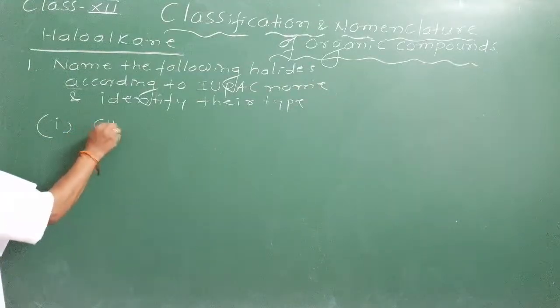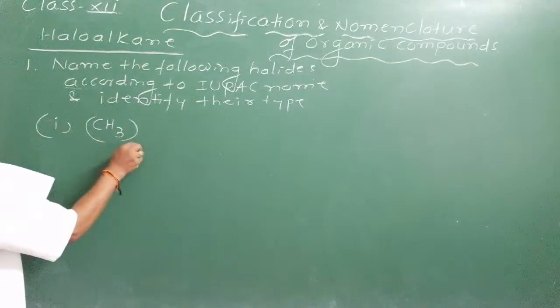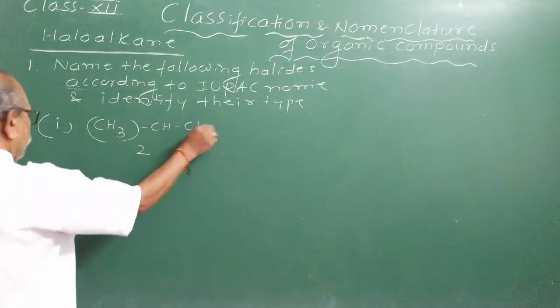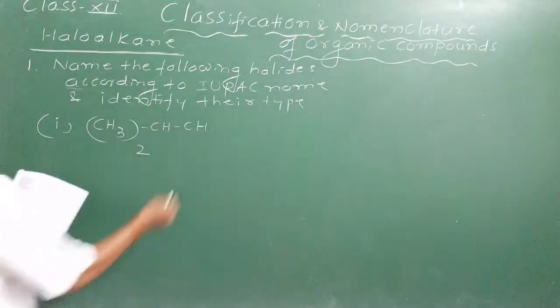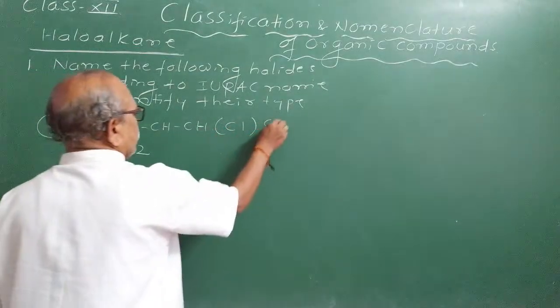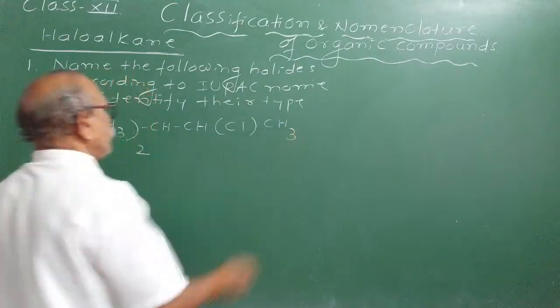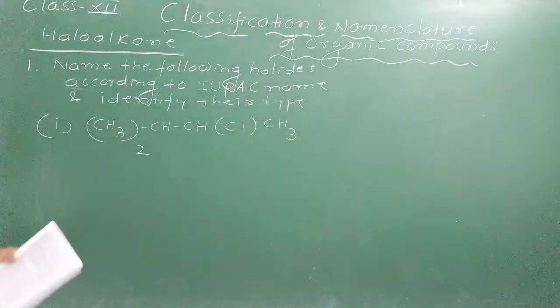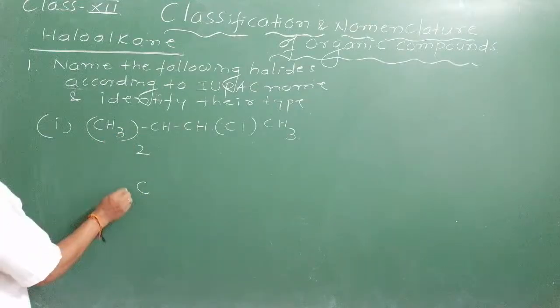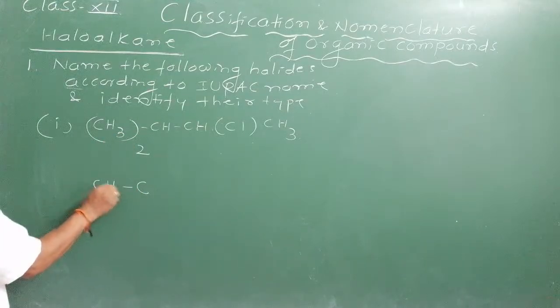Suppose it is printed like this: CH3 twice, CH, and in the bracket you will be given Cl, then CH3. How to write this so that you can name the IUPAC? CH3 twice means to this carbon atom two CH3 groups are linked.